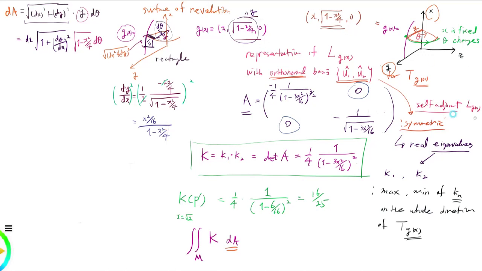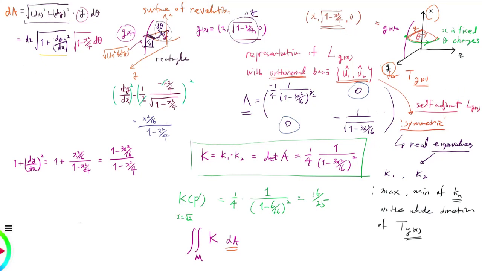Okay, so 1 plus dy over dx squared will be 1 plus x squared over 16 over 1 minus x squared over 4, which will be 1 minus 3x squared over 16 over 1 minus x squared over 4.